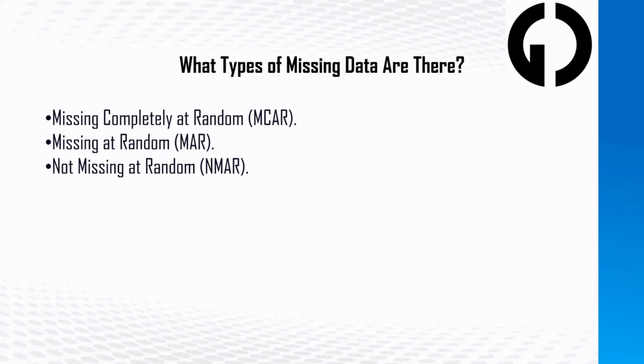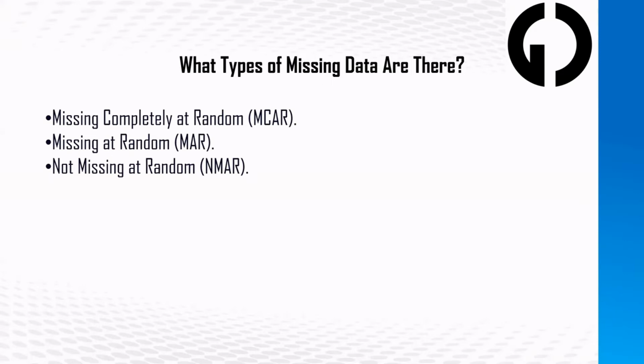So the probability of data being missing depends only on observed data. In this case, the variables gender and age are related, and the reason for missing values of the age variable can be explained by the gender variable. But you cannot predict the missing value itself, like you cannot predict age using the gender column.